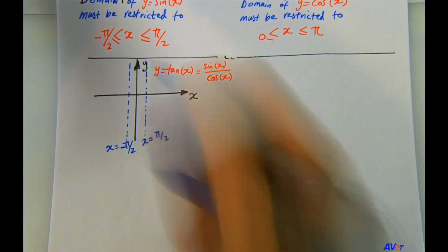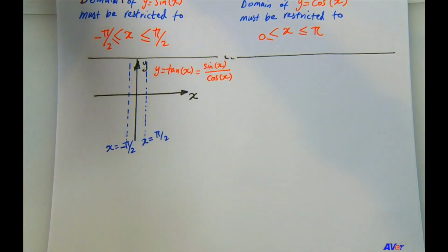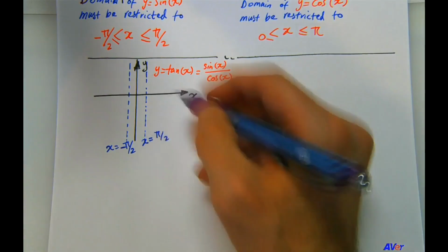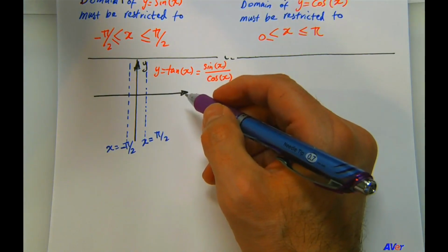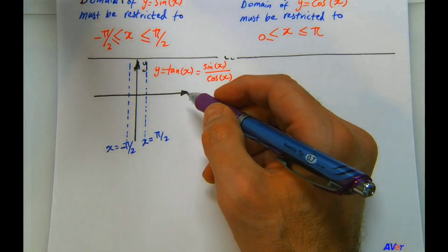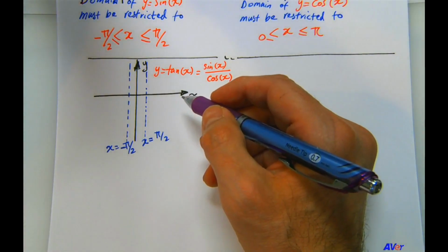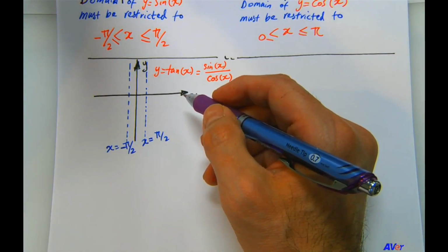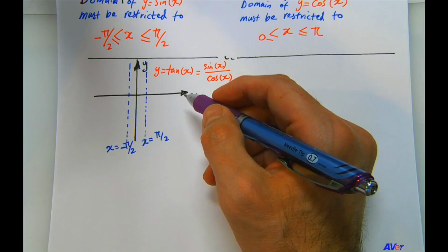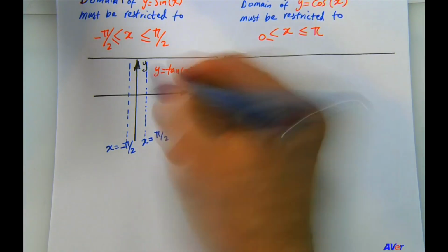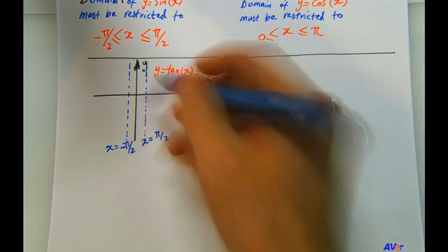These are the asymptotes. So the tangent function, let's see. I believe it's going this way.